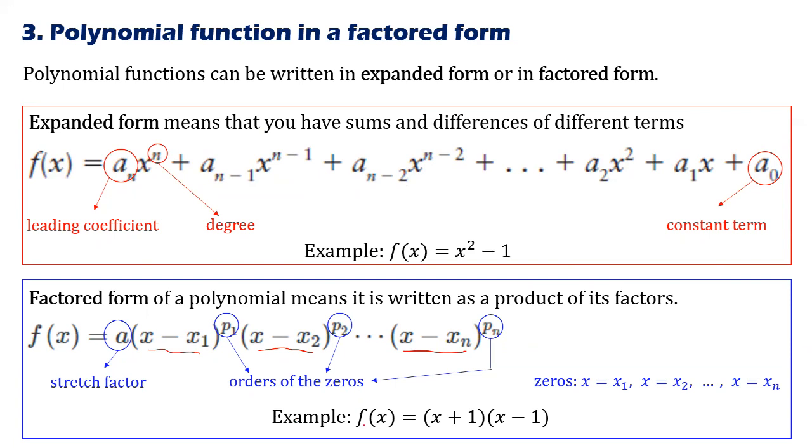For example, if we have a function f(x) = (x + 1)(x - 1), this polynomial is in a factored form. It has zeros x = 1 and x = -1, and both zeros have orders of just 1, because the exponent of these two factors are both 1.